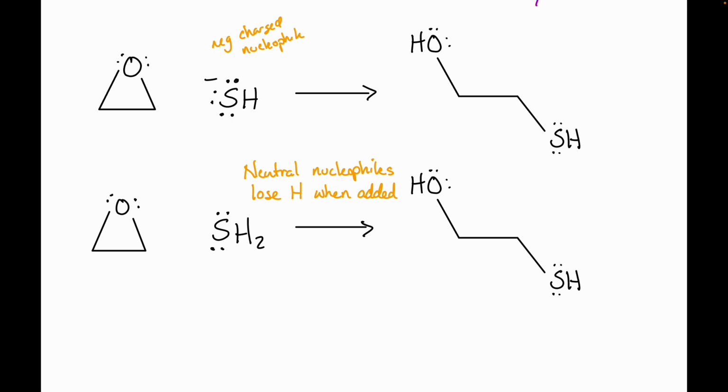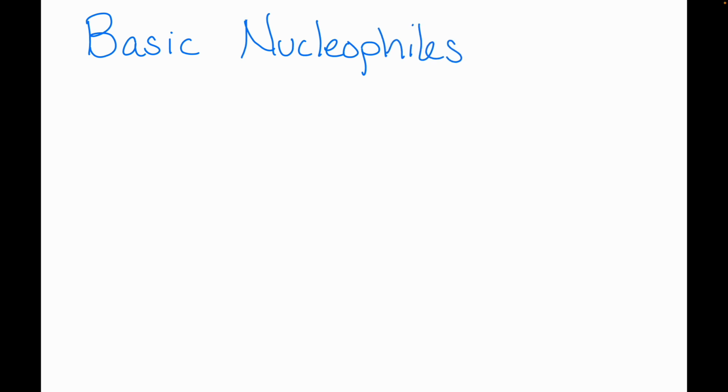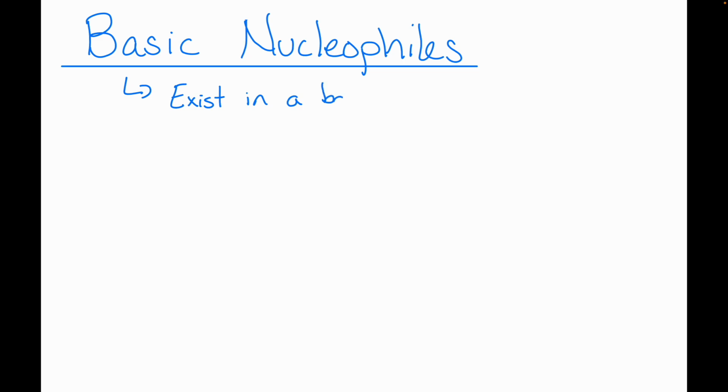Cool. All right, so let's talk about our nucleophiles that we can use here. And what we're going to do is take the world of nucleophiles and divide them up into 2 categories. We're first going to talk about what are called our basic nucleophiles, which are just quite simply nucleophiles that can exist in a basic solution.